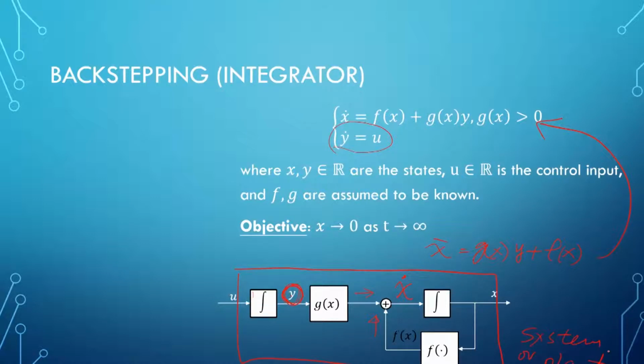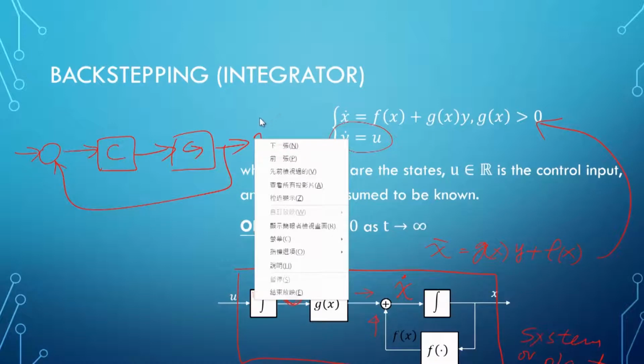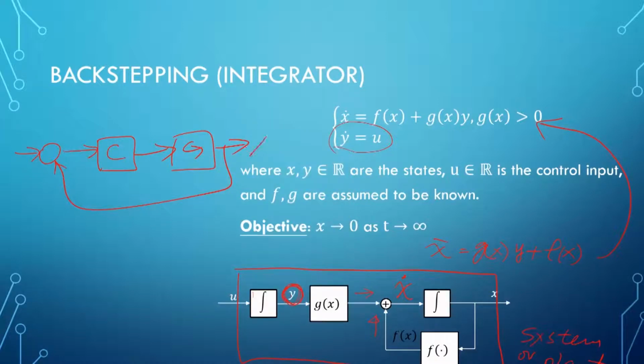Okay, and based on what you learned in your undergrad modern control theory, this is the output X. Okay, X, and sorry, this is the plant, right? Which is this, and you are designing the controller here.